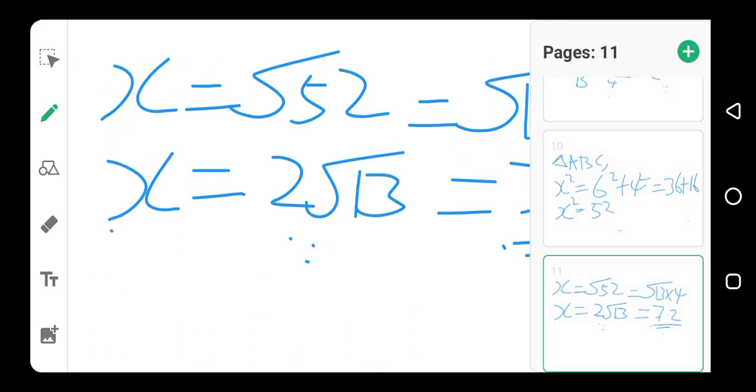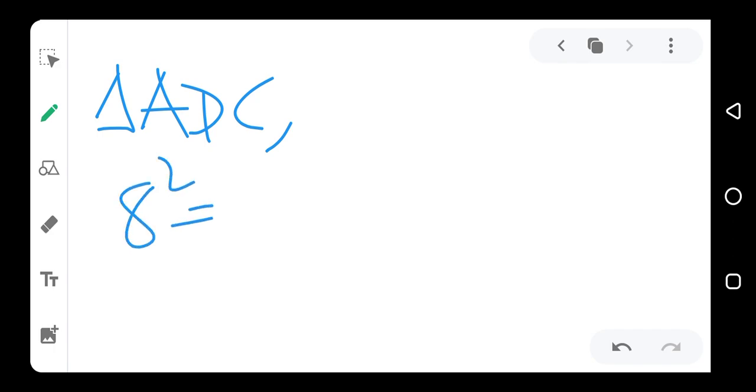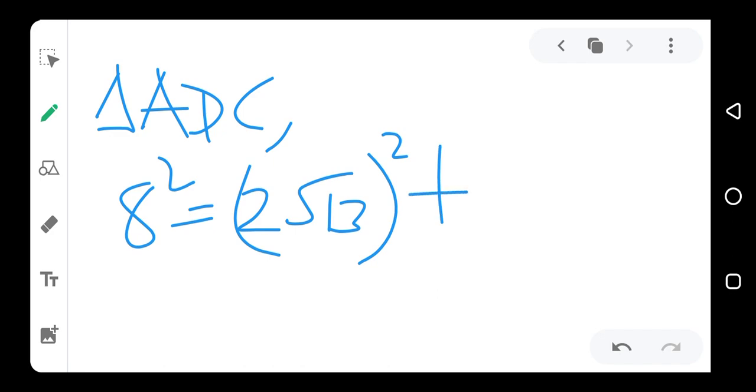So for triangle ADC, 8 squared is equal to 2 root 13 squared plus y squared.